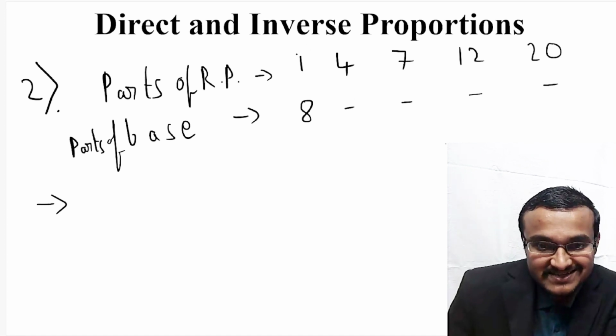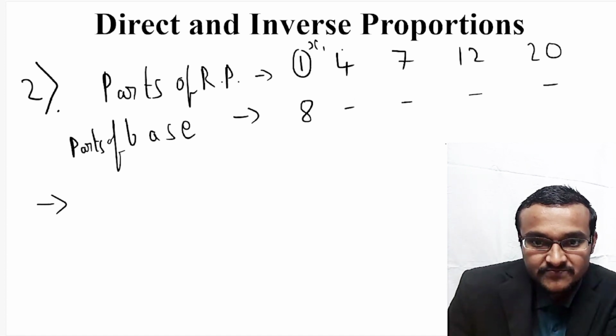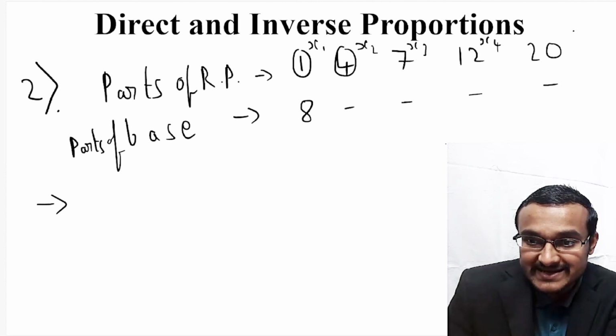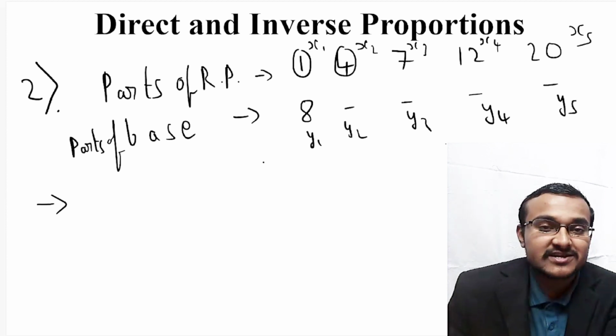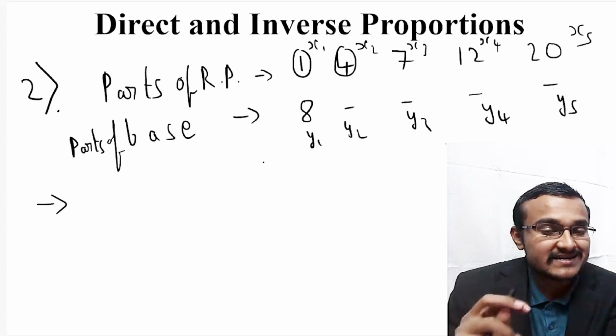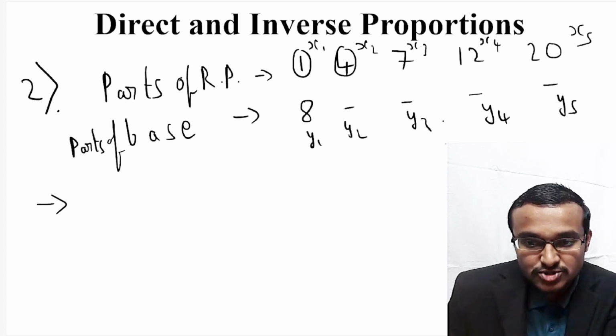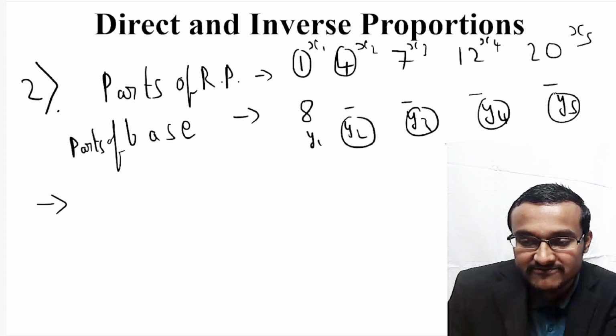Let us take this 1 as x1, 4 as x2, 7 as x3, 12 as x4, 20 as x5. Here 8 will be y1, and then y2, y3, y4, y5. These two physical quantities are directly proportional to each other, so you should go on calculating y2, y3, y4, y5.